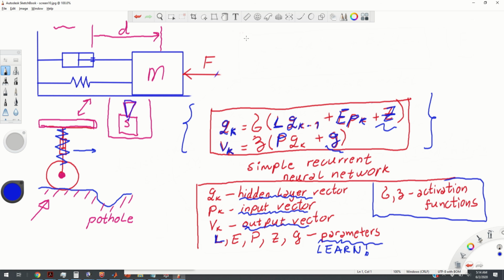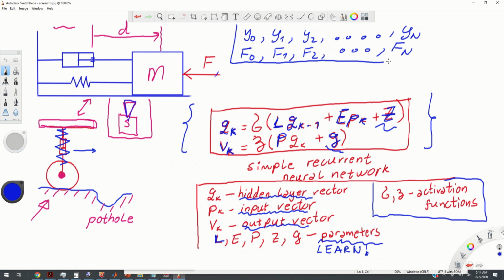So here is our problem formulation. Assuming that we have a mass spring system and assuming that we can observe y, the displacement, at time instant 0, y0, y1 is the displacement at time instant 1, y2, until, let's say, yn, and assuming that we have information about the force at time instant 0, force at time instant 1, 2, until force at time instant 10, our goal is to learn recurrent neural network models, not only simple recurrent neural network models.